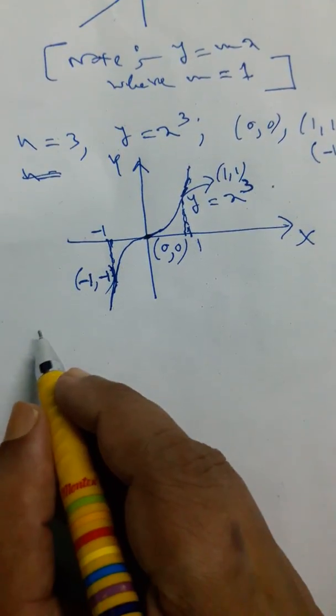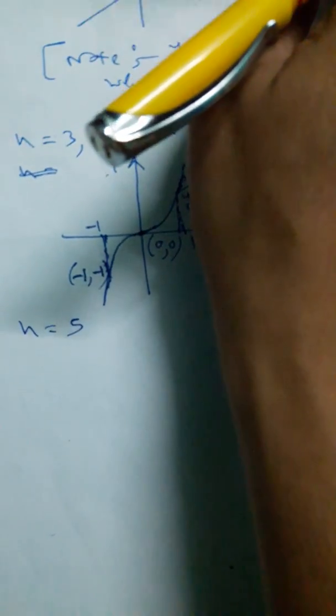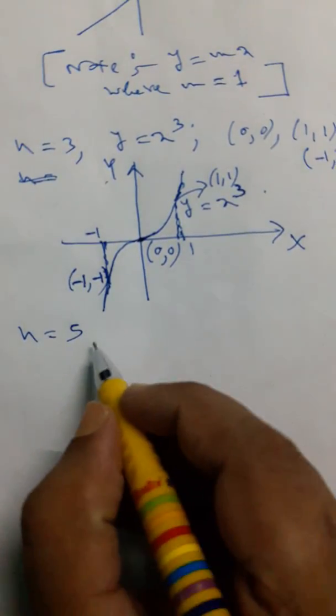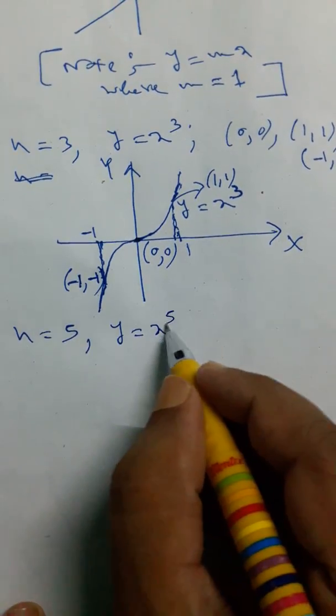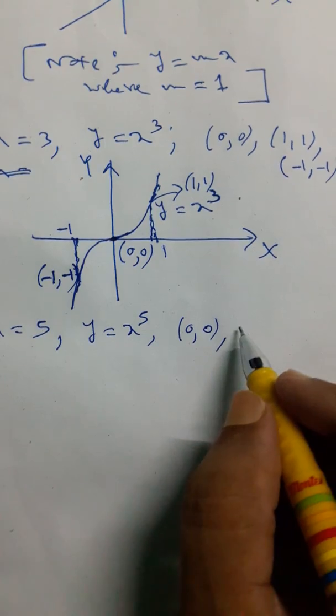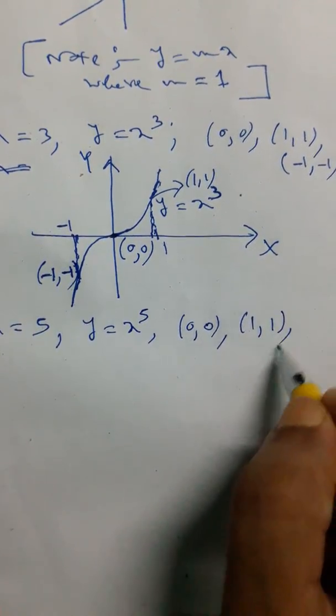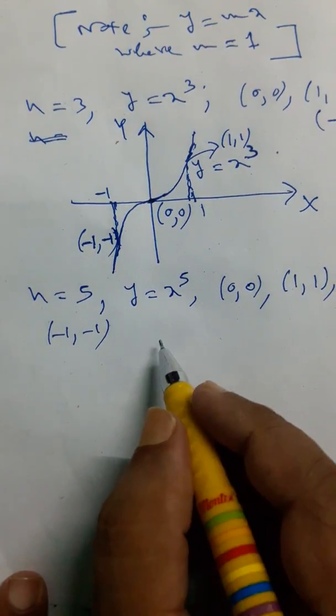Now if we take n equals 5, what happens? Then it will be y equals x to the power 5. Here also the curve satisfies the points (0, 0), (1, 1) and (minus 1, minus 1). Now draw the curves.